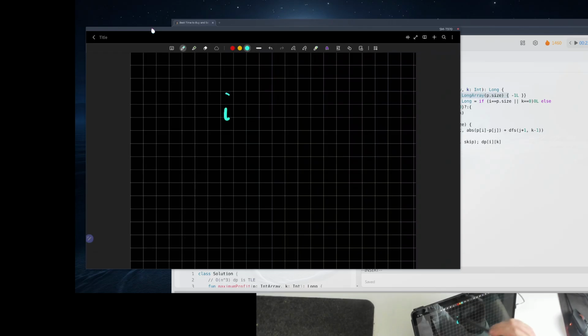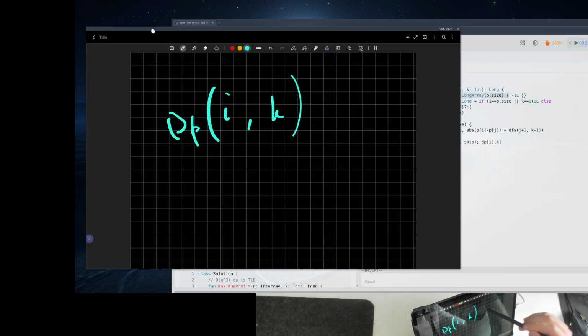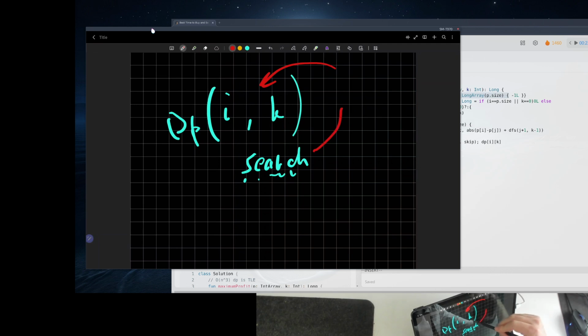Right now we use I and K, and this is a DP. And inside we search for the end. So to make this faster, you either should simplify this state or you should simplify this search.